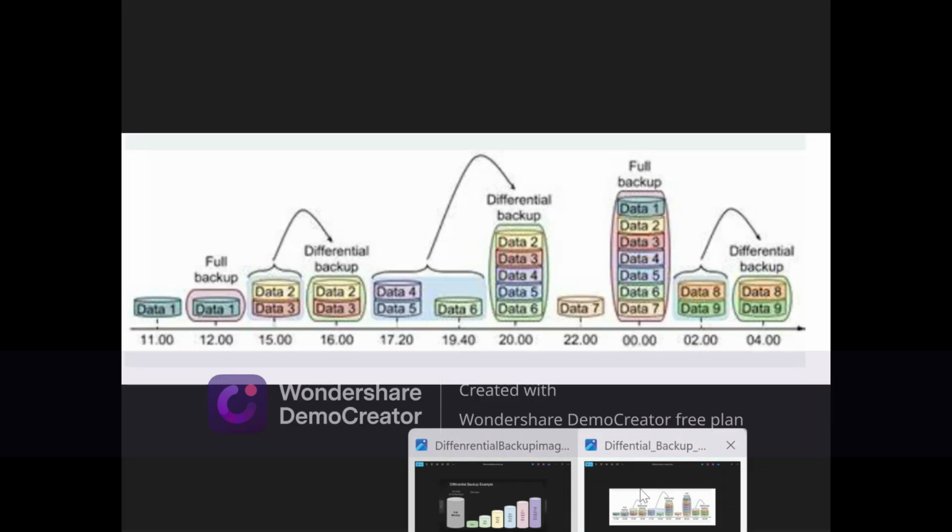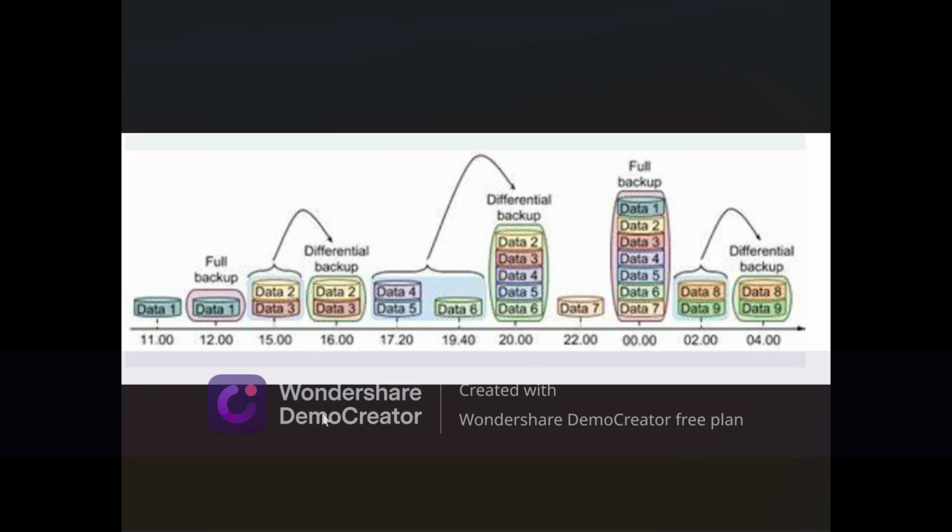Let's try to understand over here why the latest full backup is necessary, and how we are taking the full backup and differential backup. What is the strategy? Suppose at 11 a.m. some transactions happen which are contained in the database as data 1. At 12 full backup is going on.